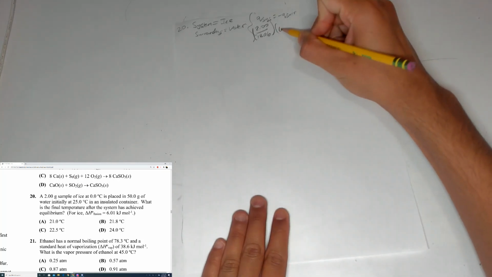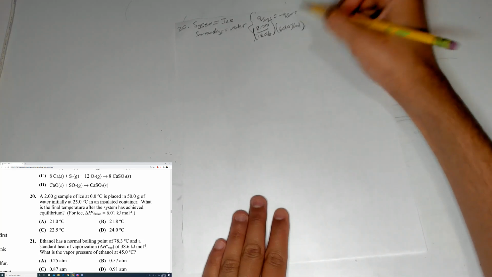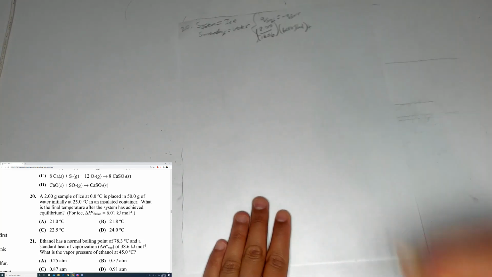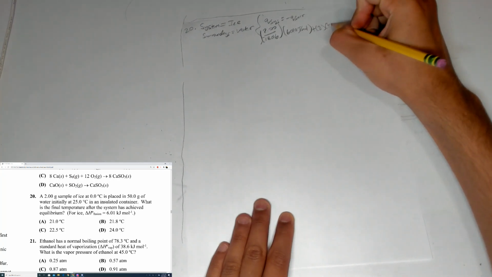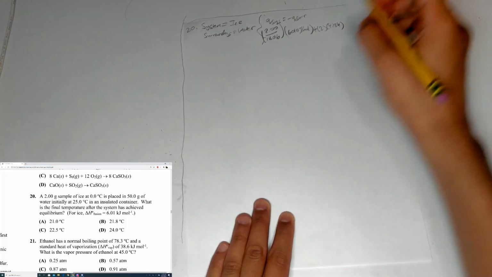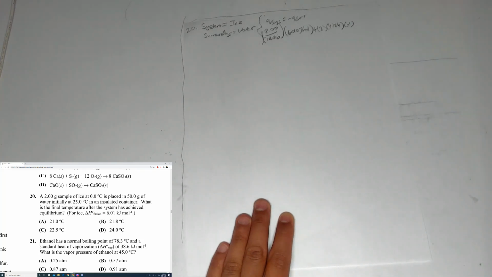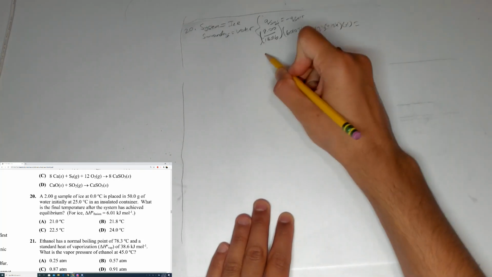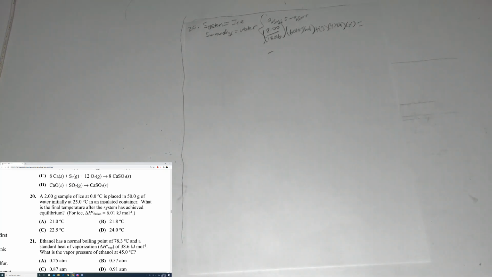Then you need to account for the temperature increase in water by doing 2 grams of water times the specific heat capacity times X, where X is final minus 0, the initial temperature. Then we do minus the heat gained by the surroundings, or in this case, heat lost by the surroundings.